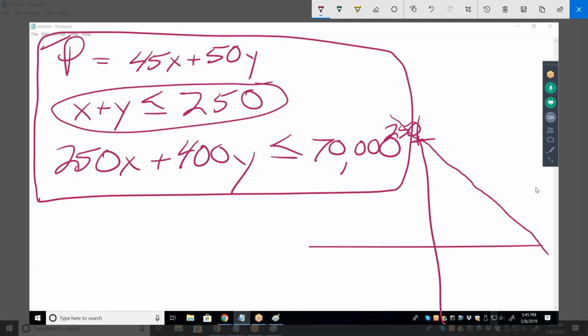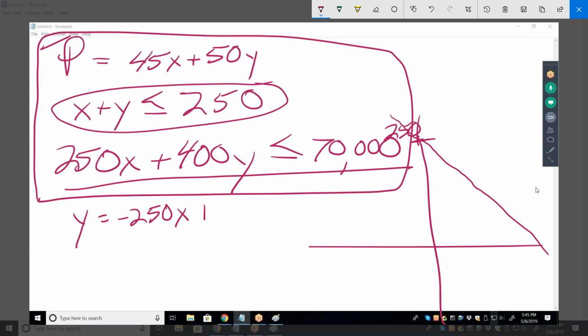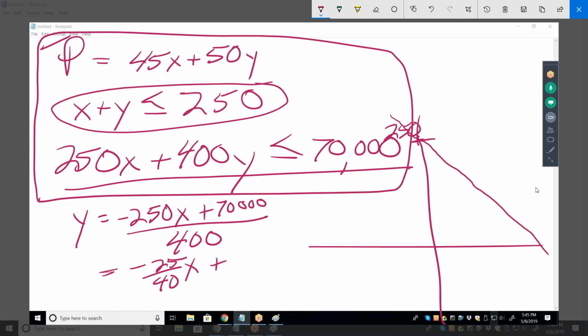Okay? And now, it's a solid line. Graph this function, and that function is going to graph a little more difficultly. Let's see, that's minus 250x plus 70,000, all divided by 400. So it's minus 25/40th x plus 7,000.